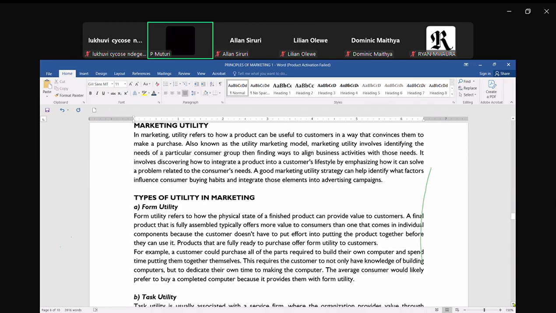So identifying the needs of a particular consumer group and aligning your products and business activities to meet those needs. Creating utility in marketing involves discovering how to integrate a product into a customer's lifestyle by emphasizing how it will help them solve a particular problem.